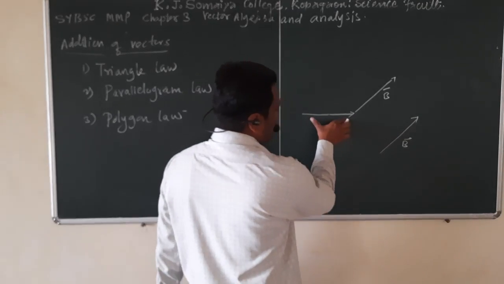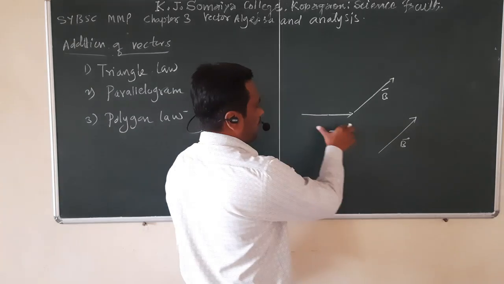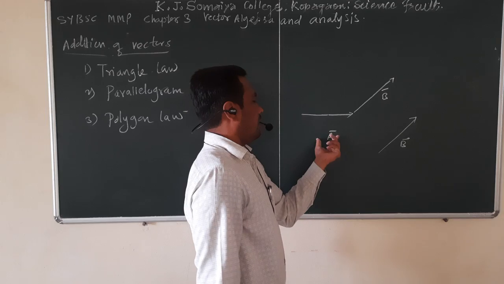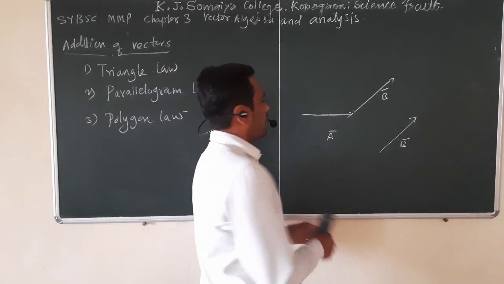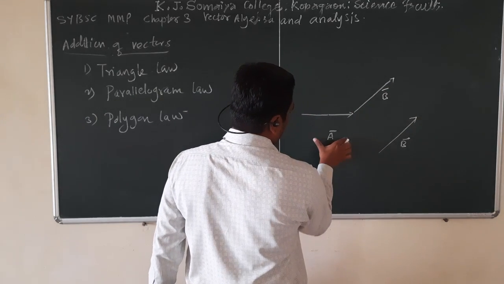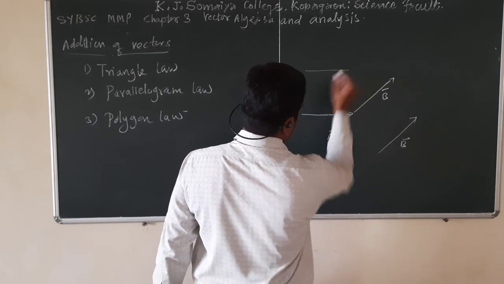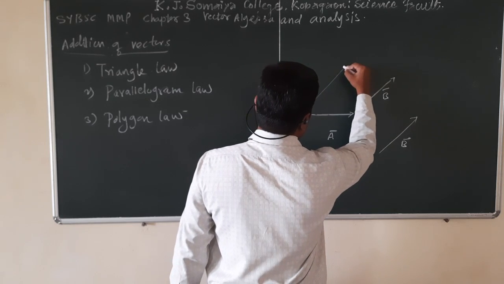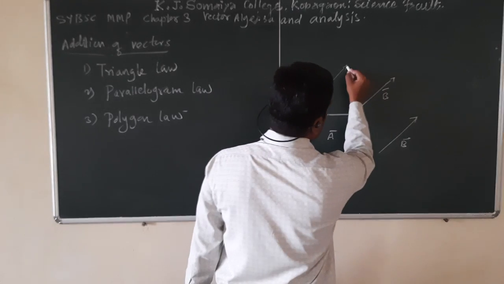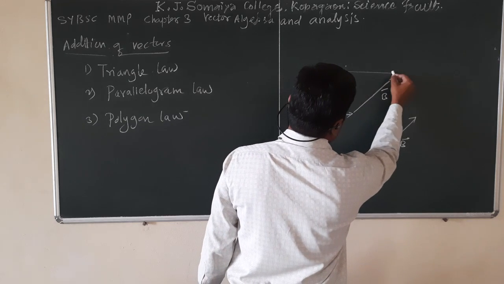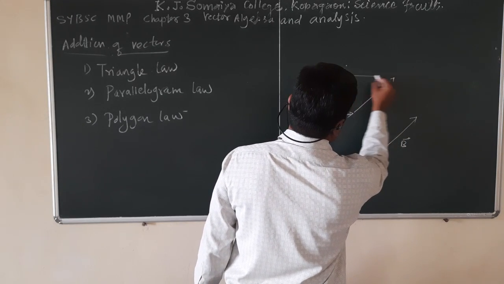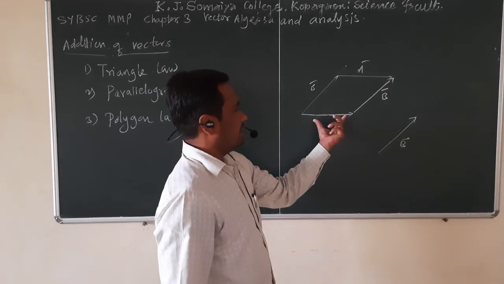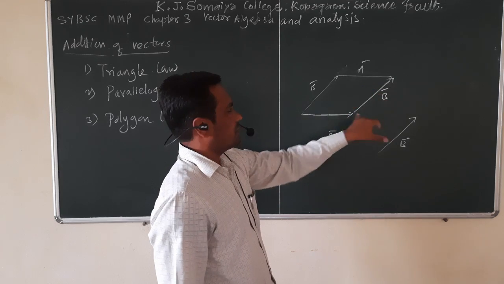Now we have to form a parallelogram. The parallelogram must be formed with sides the same as vector a and vector b. How can we form it? Take a vector parallel to vector a which is identical. Again, if I take vector b parallel to vector a, this will be like this, and vector a will be like this. So again these are two equal vectors, same magnitude, same direction.